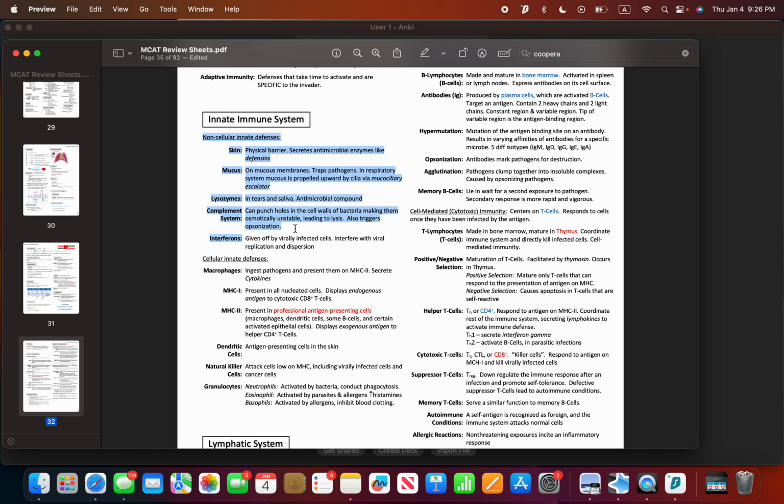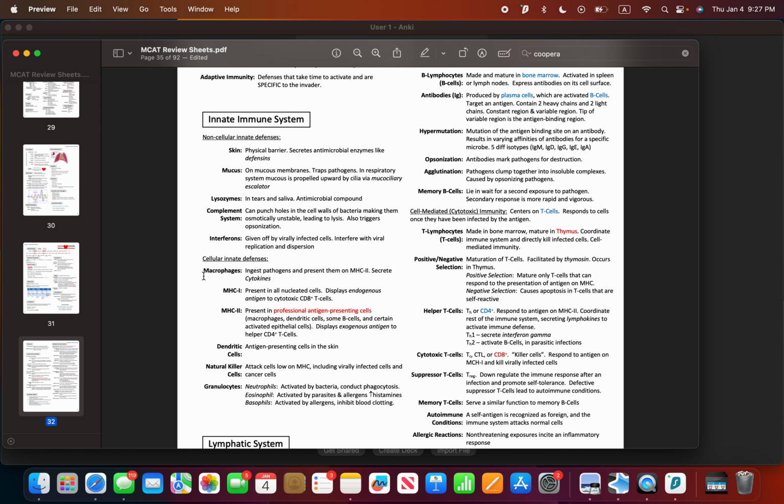These were non-cellular innate defenses: skin, mucus, lysozymes, complement system, and interferons. And there are also cellular innate defenses.